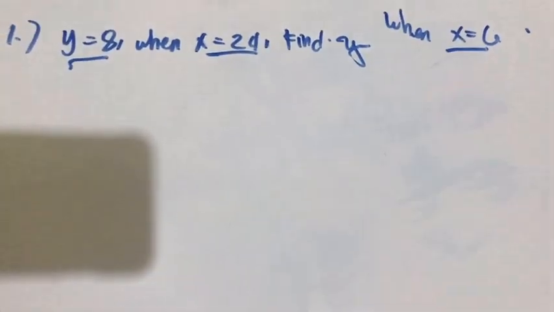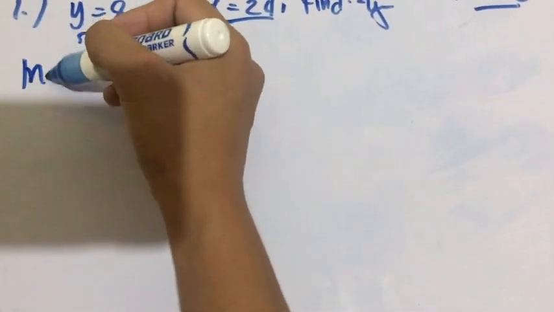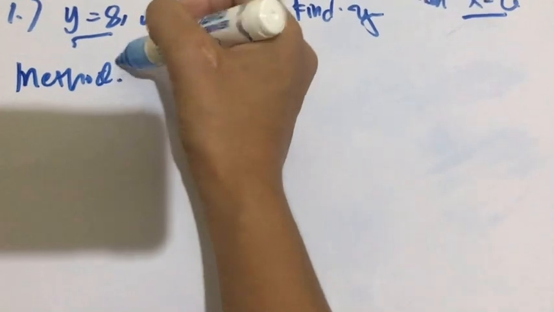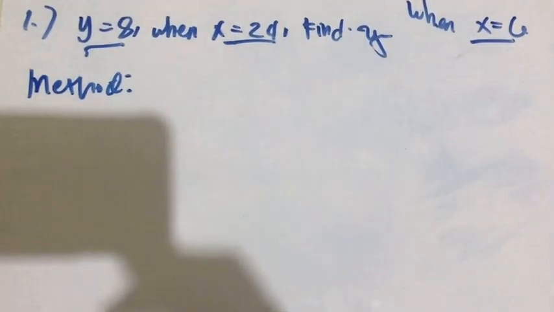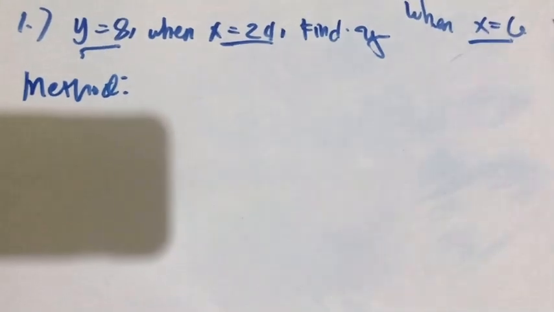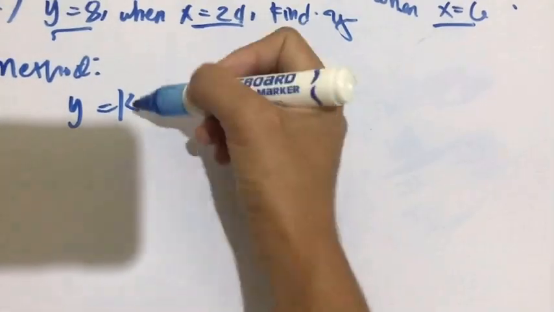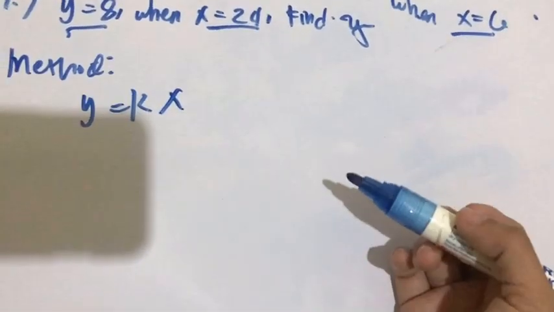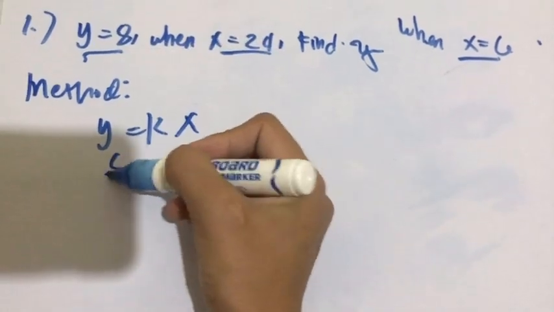So we could use two methods here. First method, we will use the most commonly used method here, no? Y varies directly as x. Now the value of our y here is 8.